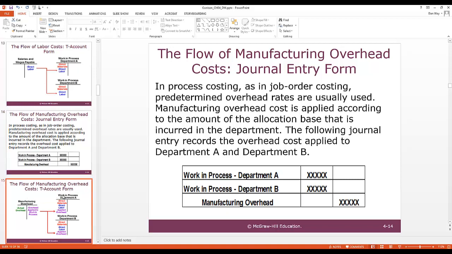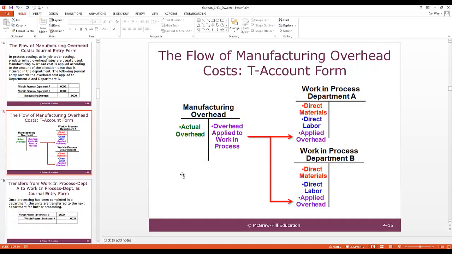If we follow the flow of those costs in our T accounts, somewhat of a refresher for us again: a credit to the overhead account, representing overhead that's being applied to work in process, and debiting work in process for Department A and Department B as needed. Our overhead account, nothing has changed with that from Chapter 3.